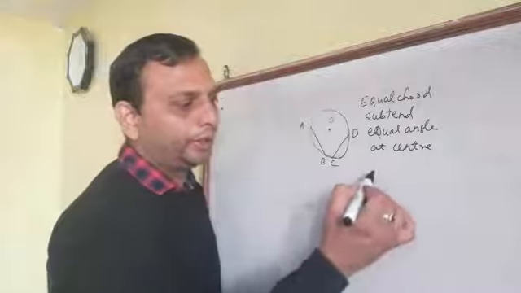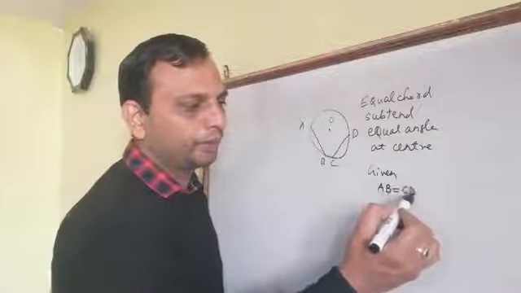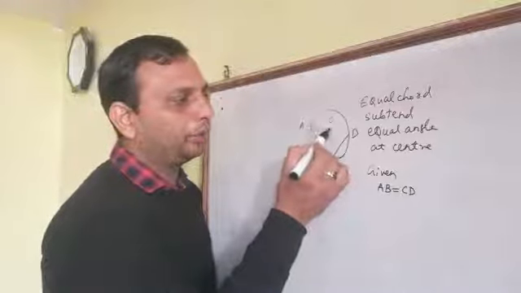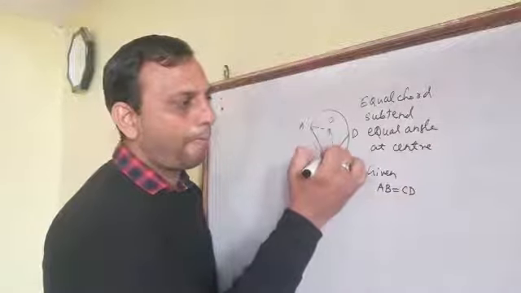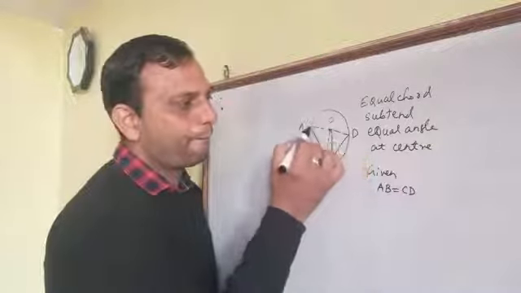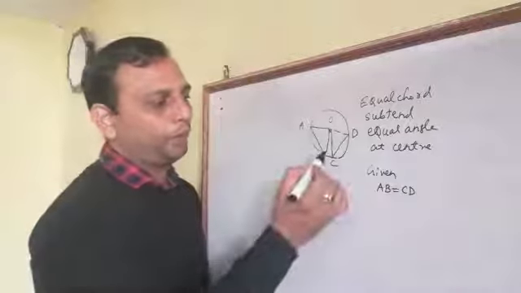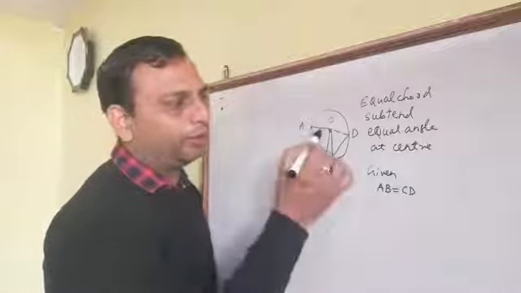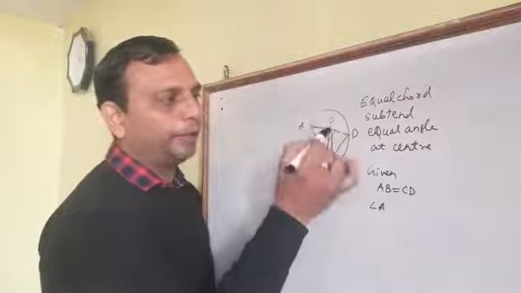So if it is given that AB is equal to CD, then if the chords are equal, they will form equal angles. Which angle is at the center?